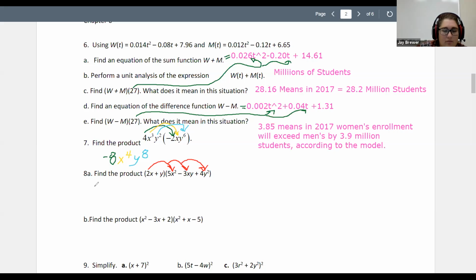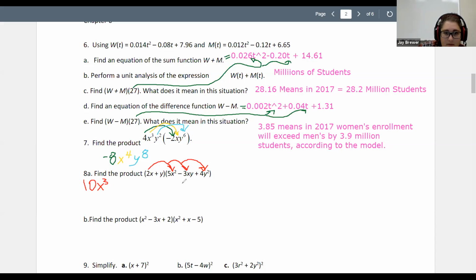So 2x times 5x squared will give us what? 10x squared. We remember we want to add the exponents. We have 5 times 2, which gives us your 10. And then we have x to the 1st and x squared, so we want to make it x cubed.